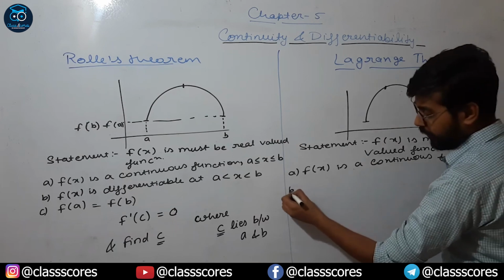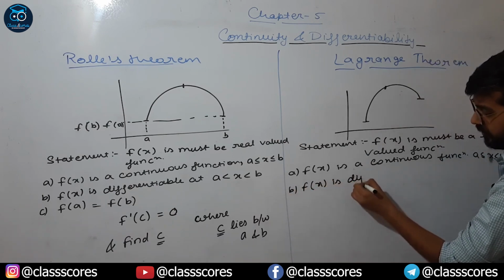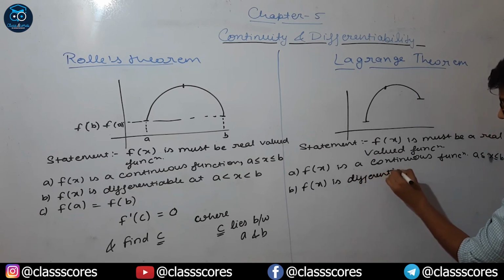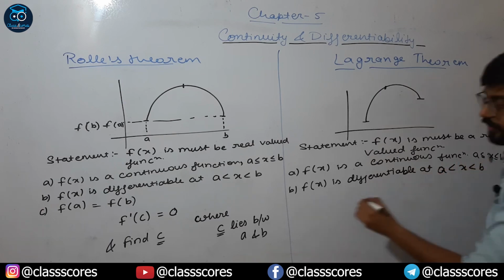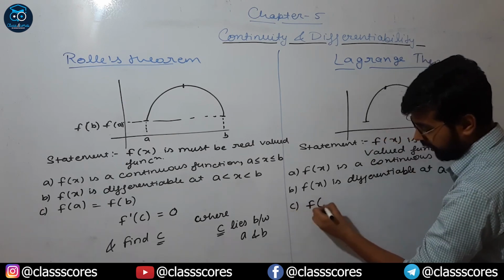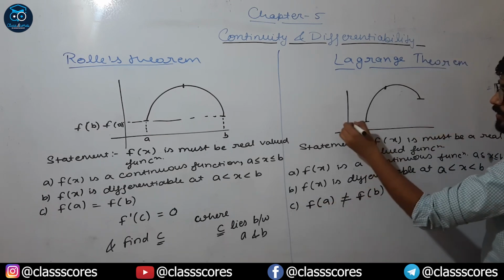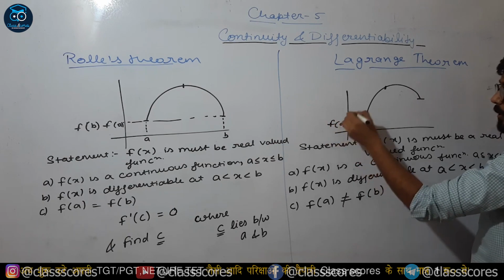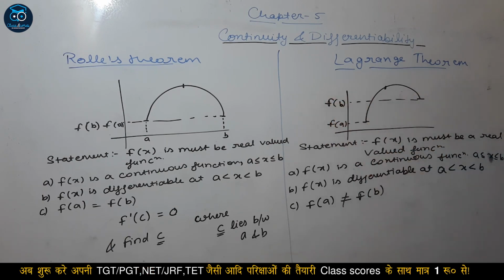Then the second point, f of x is differentiable in the open interval a and b. Third point, f of a is not equal to f of b. Suppose this is f of a and here it is f of b. It will never be equal.